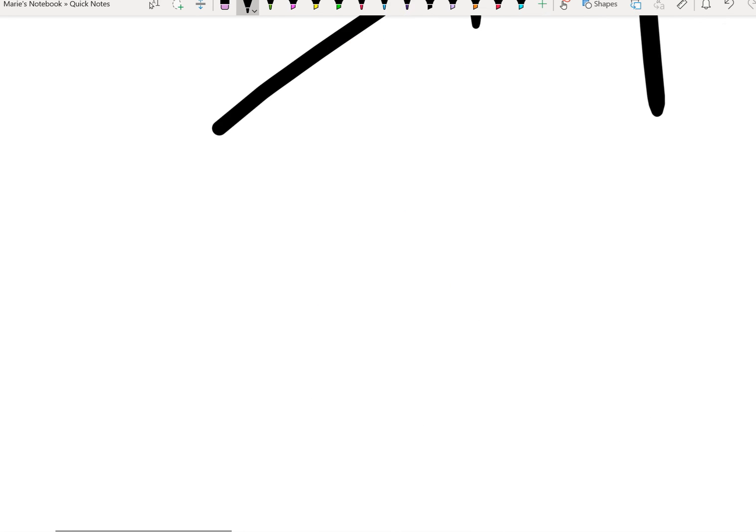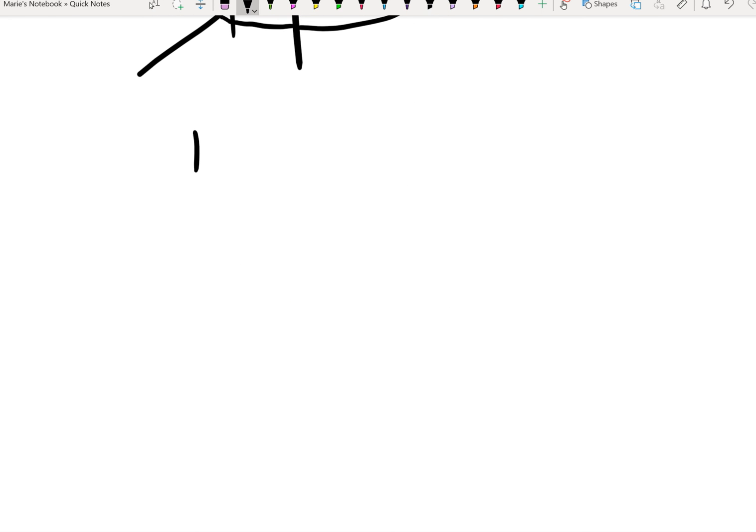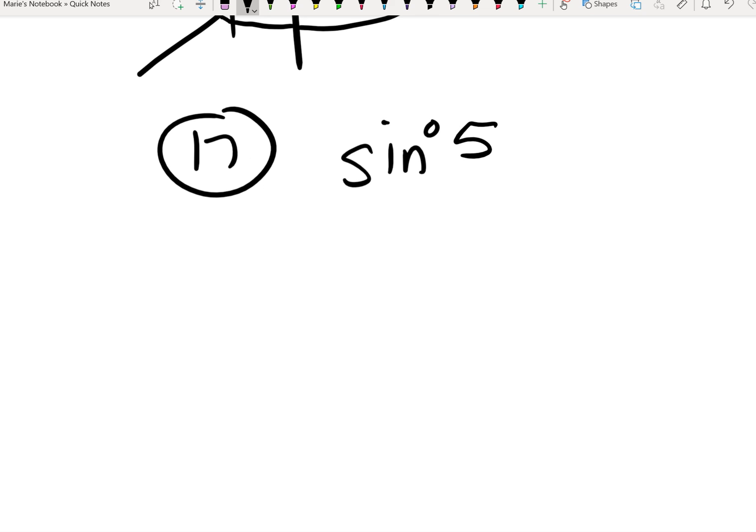Alright, now the next question. The next question is really not that complicated. You're looking at number 17. They're asking you for the sine, reference angle for the sine of 855 degrees. Okay. It goes around at least twice. We know that because 720, right?